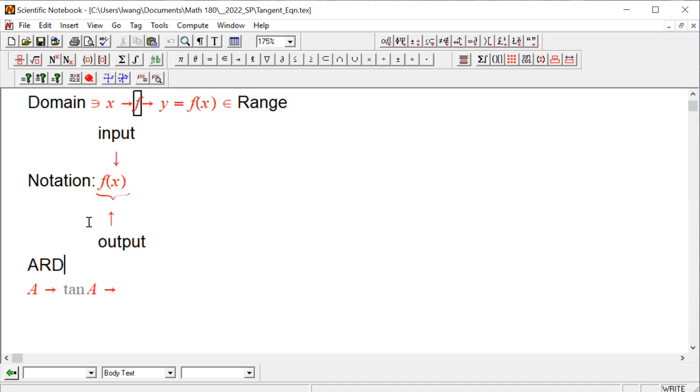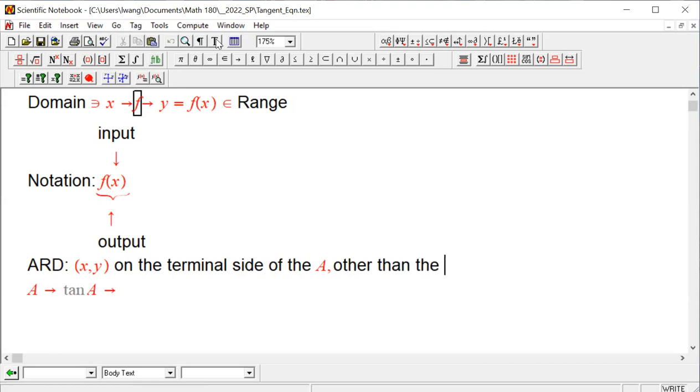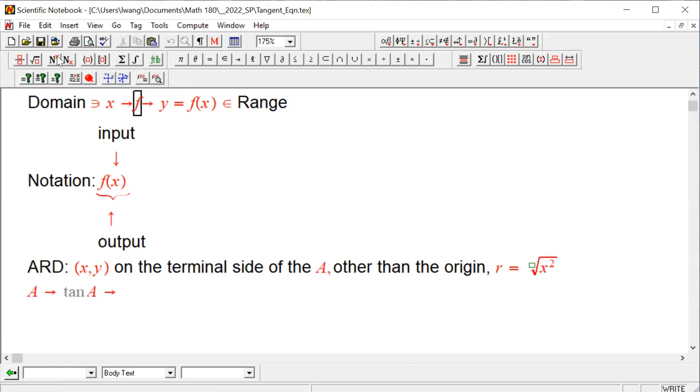And in the definition, of course, there's a point, X comma Y, on the terminal side of the angle A, other than the origin, right? And R equals the square root of X squared plus Y squared.